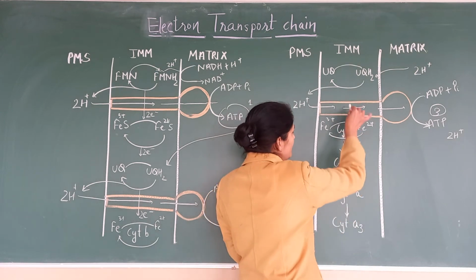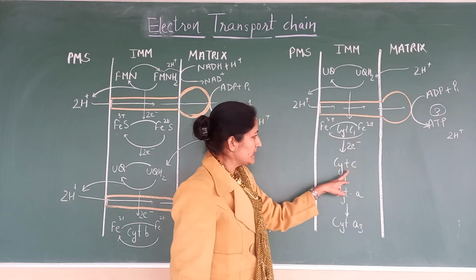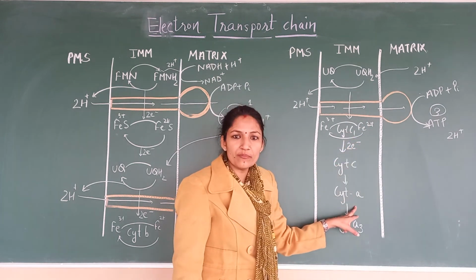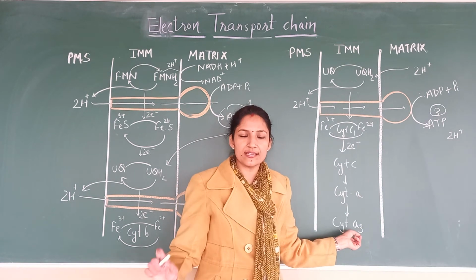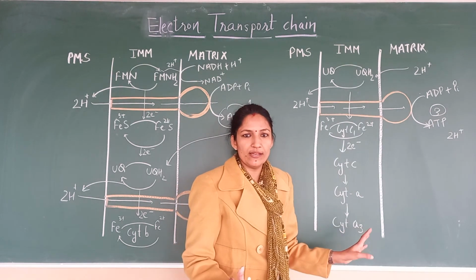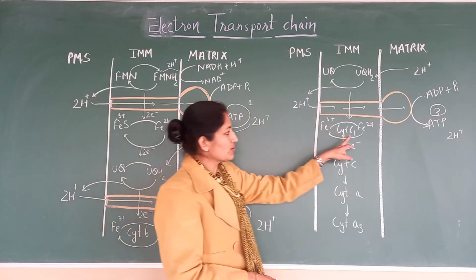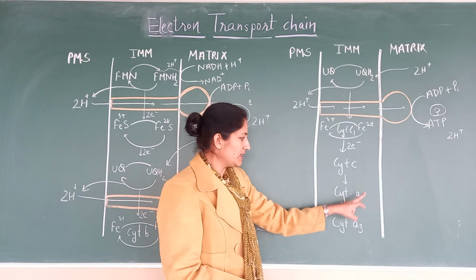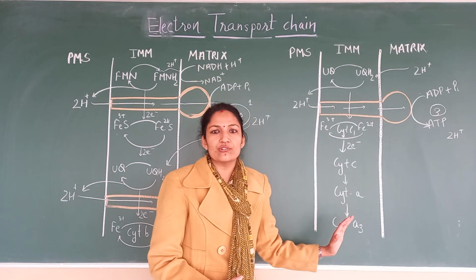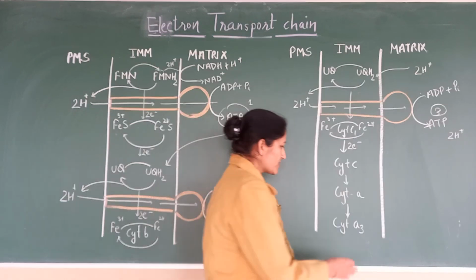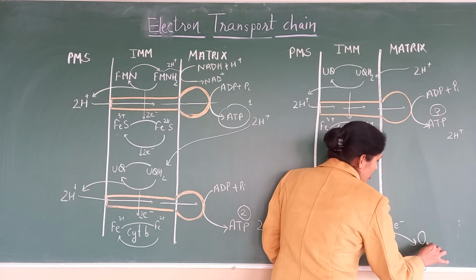Electrons are still moving from this ubiquinone to cytochrome C1, then to cytochrome C, cytochrome A, and at the end A3. The sequence of these cytochromes will remain cytochrome B, B to C1, C1 to C, A and A3. A3 is the cytochrome oxidase, which is finally going to give the electron to the oxygen.